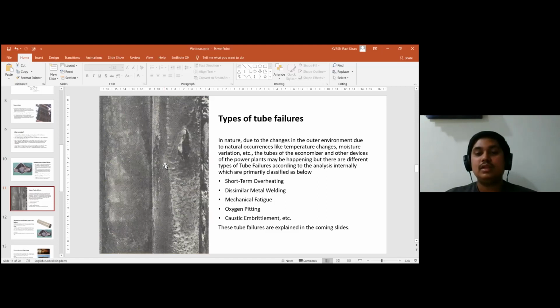And the major types of tube failures that we could find happening throughout many of the thermal power plants are short-term overheating tube failures, dissimilar metal welding, mechanical fatigue, oxygen pitting, or caustic embrittlement.